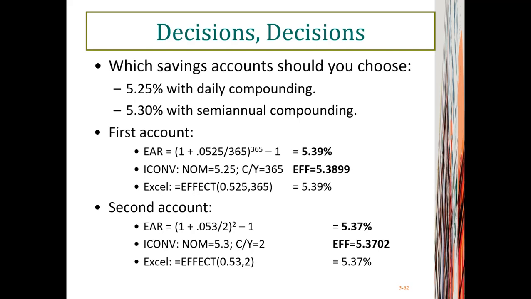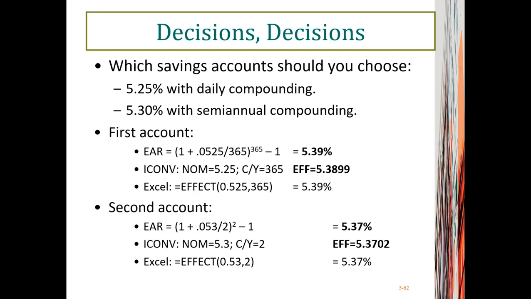And then you do the calculation for the second account. The APR is 0.053 and the compounding is twice a year because it's semi-annual compounding. Then you raise to the power 2 and minus 1 to get 5.37%.